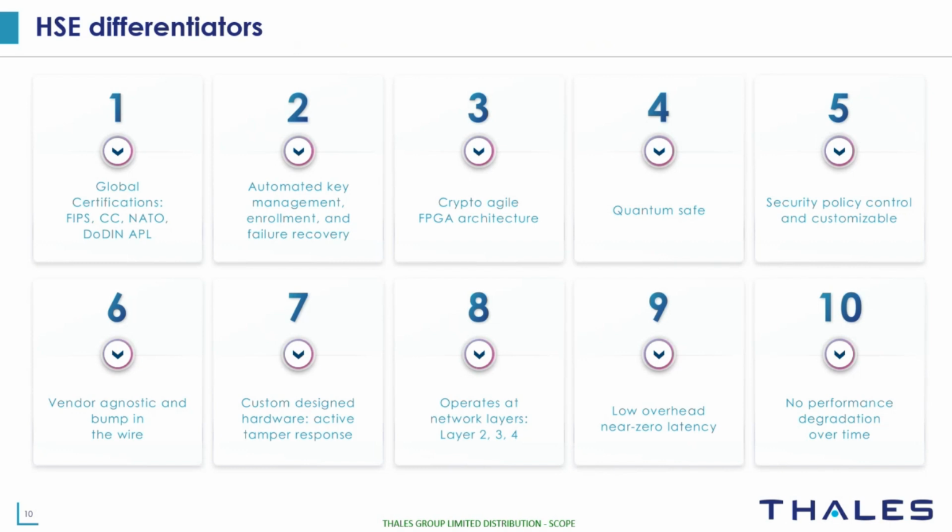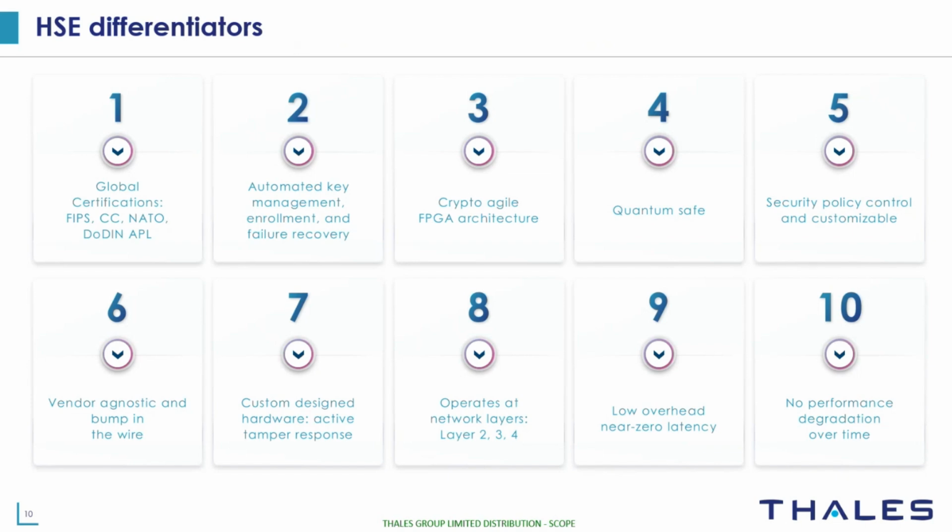We can operate on network layer 2, so Ethernet. Layer 3, yes, we look into the IP packets. Even more, we can look into IP packets and verify which application is using that packet and encrypt it accordingly. As I said, low overhead, near zero latency.